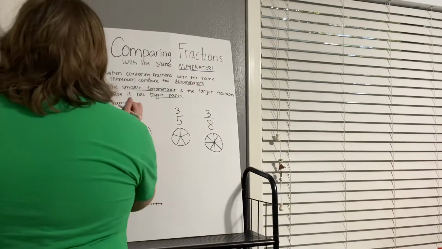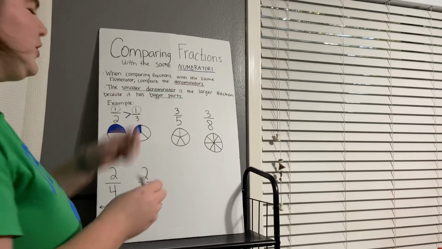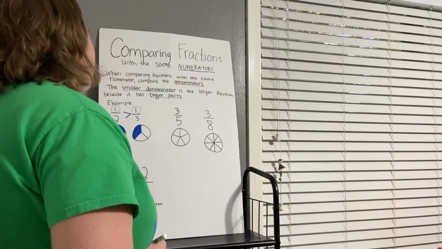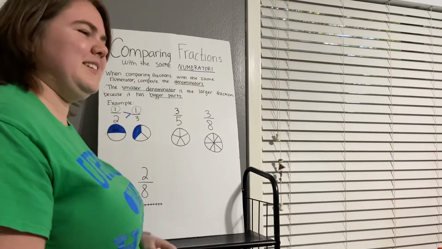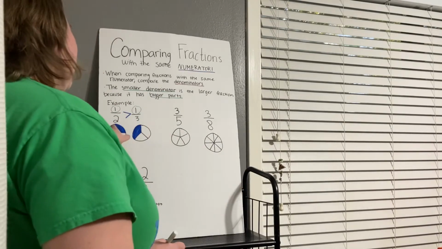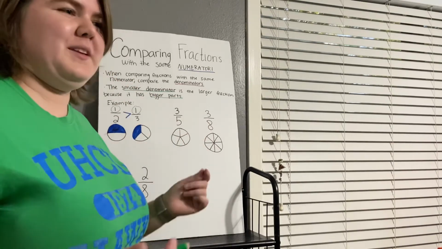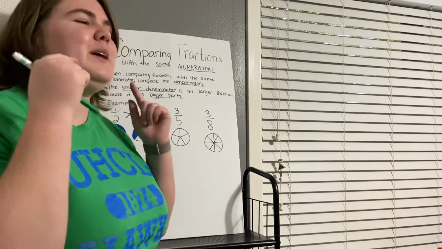We see that the numerators are the same, so we circle what is the same and then compare the denominators. What do you notice? They're flipped. That 2 is smaller than 3, but the fraction is bigger, right? So in your head, you have to flip it.